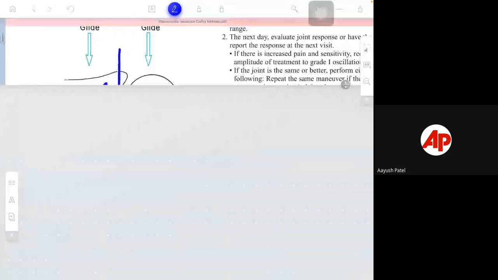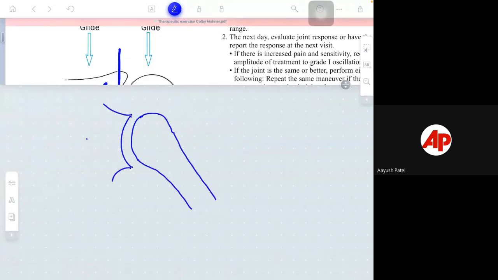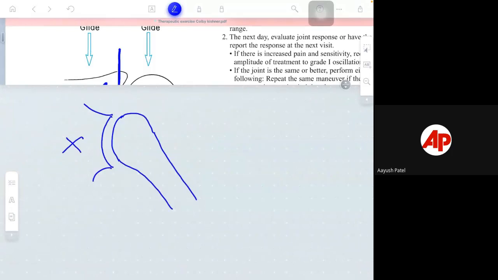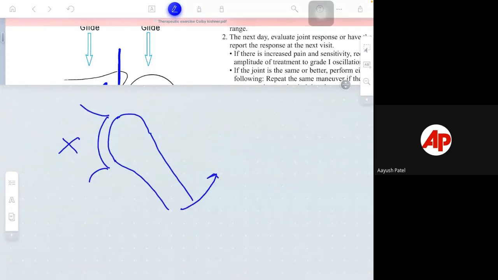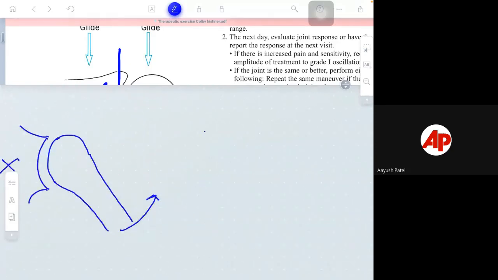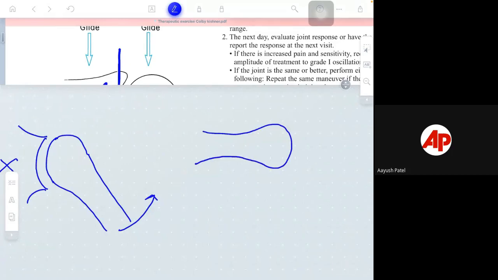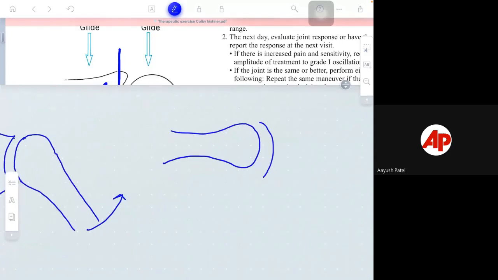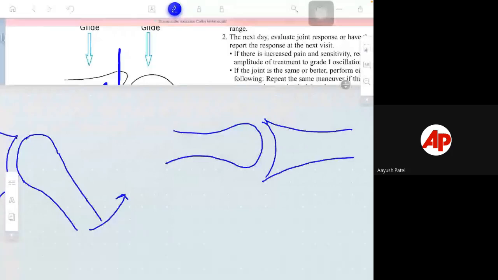So now I will give two examples. Here the concave bone is fixed, the convex bone is moving. You can take the example of the shoulder joint. Clear? And one more example. Here, opposite.